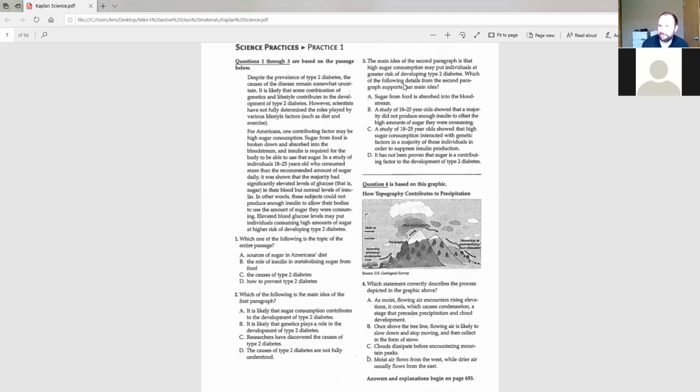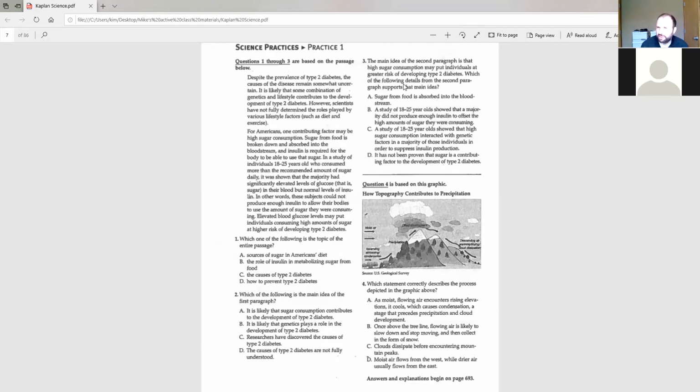The causes of type 2 diabetes. What leads to people getting type 2 diabetes? That's what the passage is talking about, right? And it talks about different aspects of that, but the overarching message of the passage is what leads to type 2 diabetes, okay?